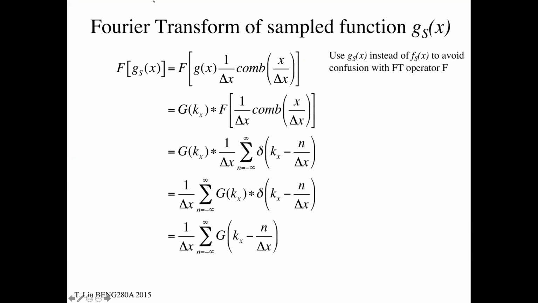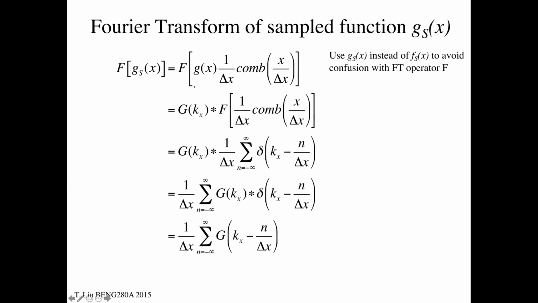Okay, so here, if we have the sampled version of g of x, what does that mean? That means we have zeros everywhere except at the sample points where we now have values of g of x at those sample points. We can take the Fourier transform of that continuous function.